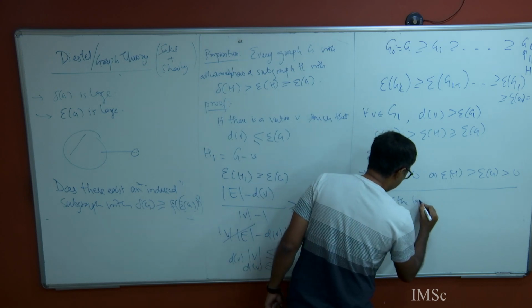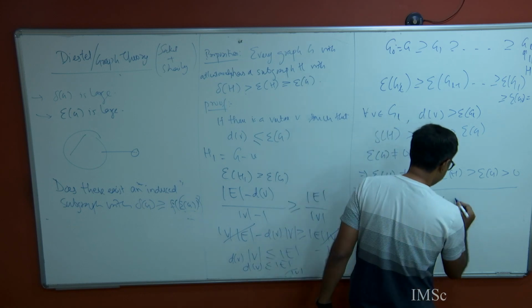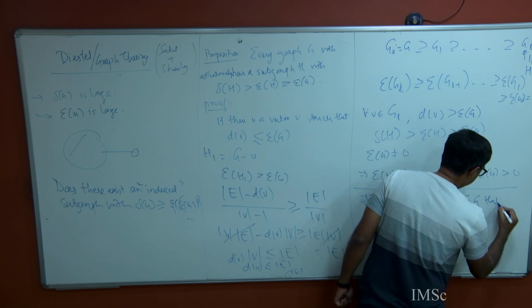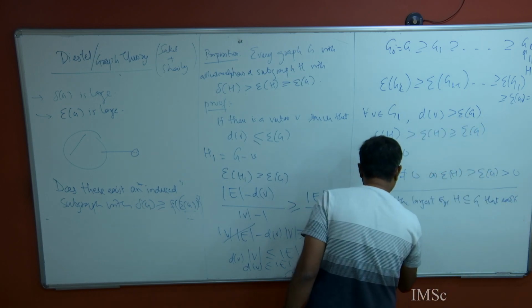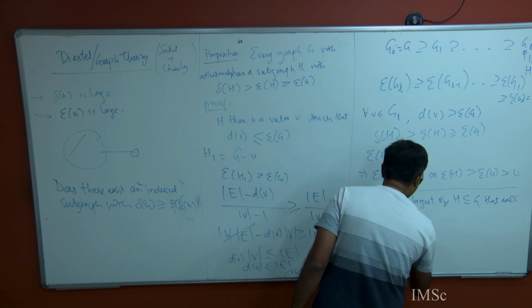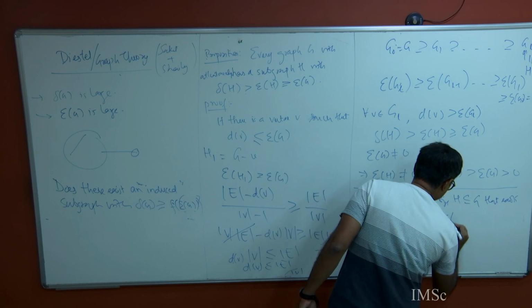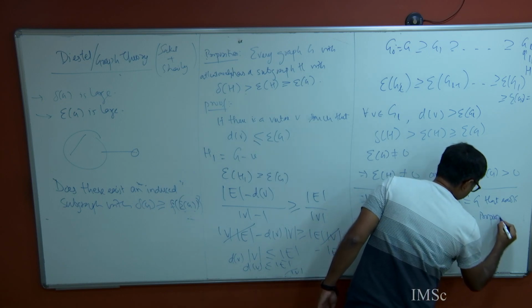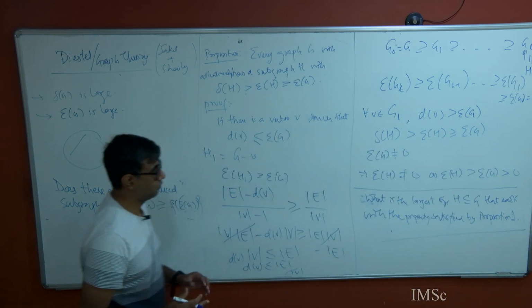What is the largest size of H, a subset of G, that exists with the property satisfied by Proposition 1? Okay?